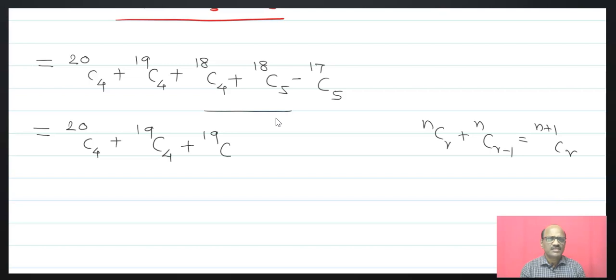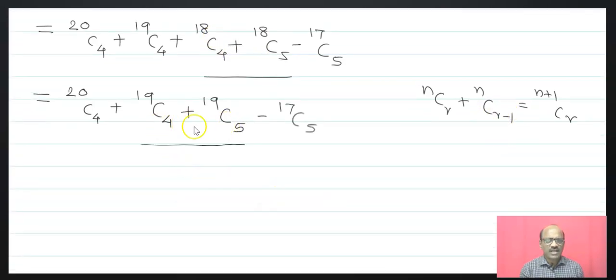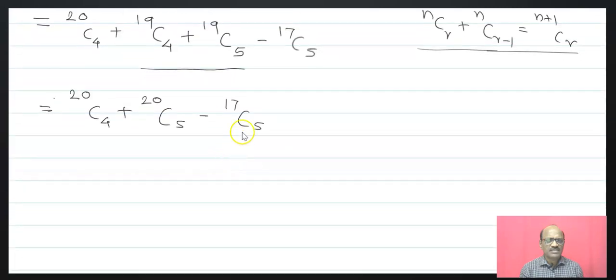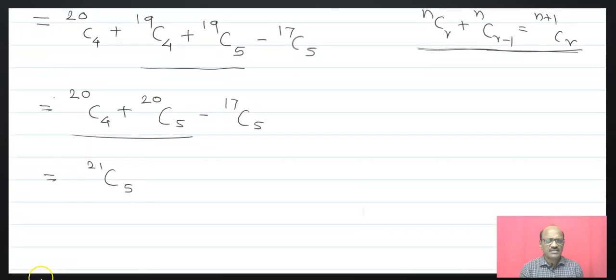Therefore 19 plus 1, C5, is the sum of these two terms by using this formula. Now we apply the same formula to 20C4 plus 19C5, and you get 20C5 minus 17C5. Again apply this formula: 21C5 minus 17C5.